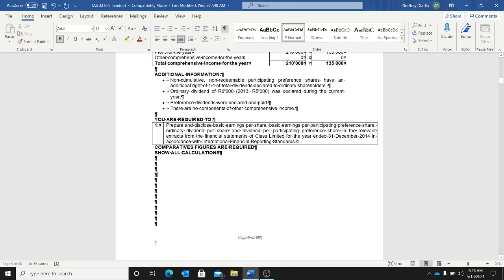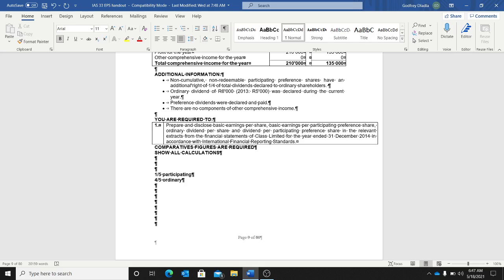So 1 divided by 5 is that one, then 4 divided by 5. So the participating guys are these ones, and then the ordinary are these ones.